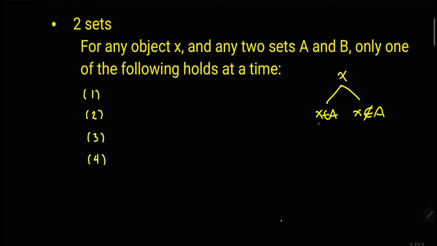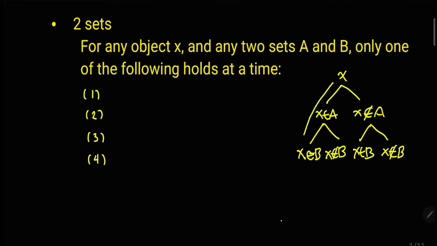If X is in A, then with respect to B, either X is in B or X is not in B. Similarly, if X is not in A, you have two scenarios, either X is in B or X is not in B. So for any object X, you have X is in A and X is in B. So that's one possible scenario.